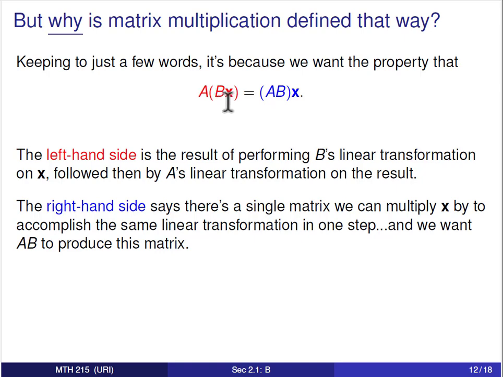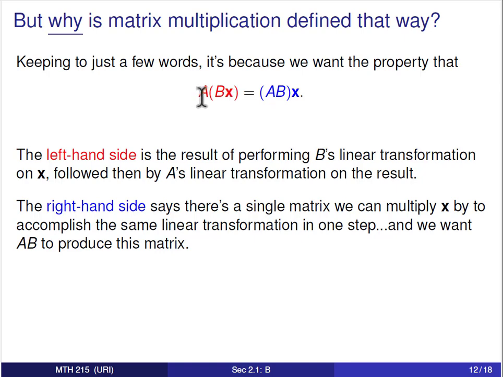And we talked in chapter 1 about how a matrix times a vector produces the same effect as a linear transformation. Remember, a linear transformation was a function on the vectors that satisfied some very helpful properties. A matrix times a vector gives you a linear transformation. And so Bx is a linear transformation on x.